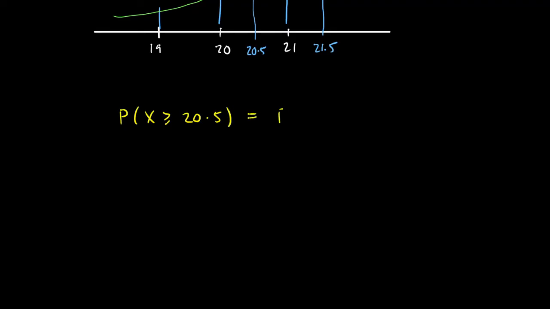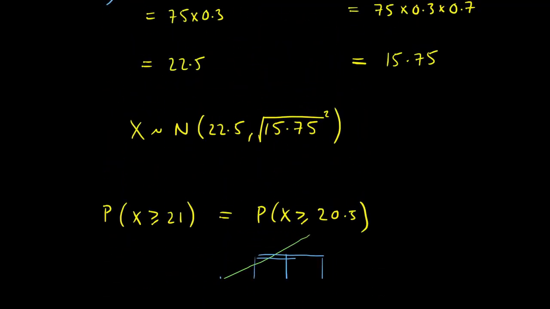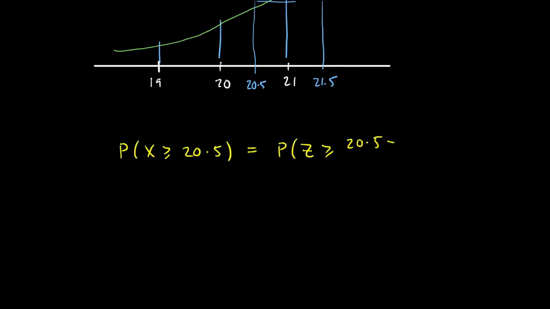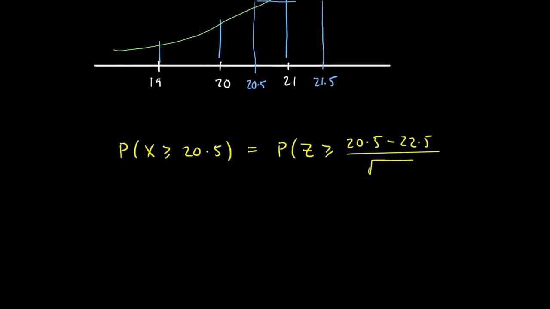We can convert to the z distribution. The probability that z is greater than or equal to 20.5 minus the mean, which was 22.5, and then all divided through by our standard deviation, our sigma, which was the square root of 15.75.